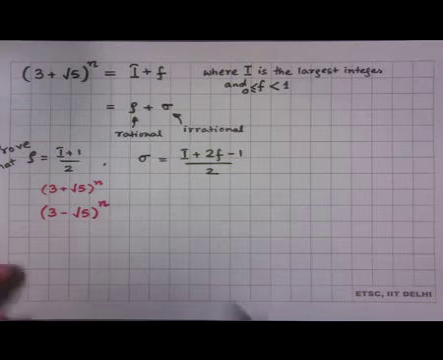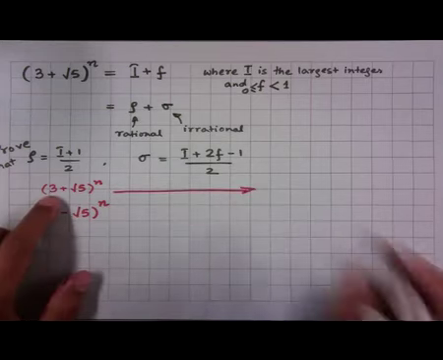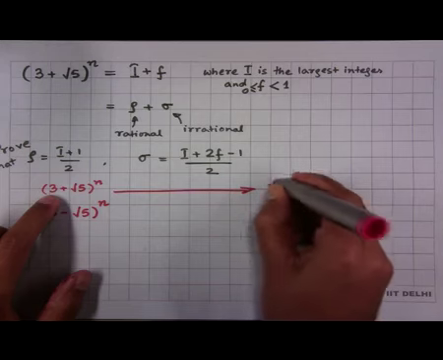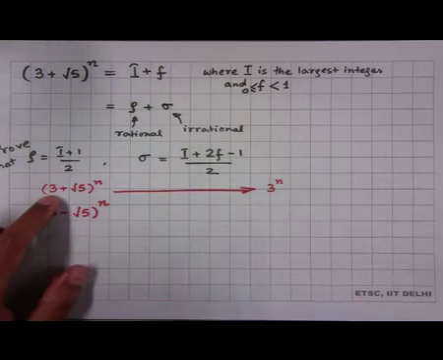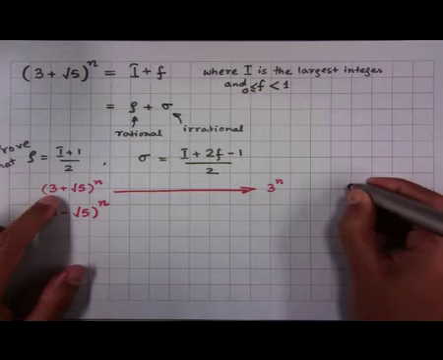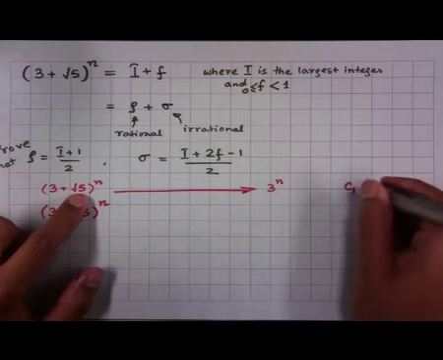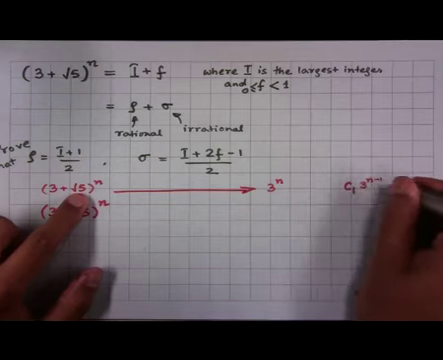Okay. So, 3 plus root 5 whole power n is going to have 3 power n plus C1 times root 5 3 power n minus 1 times root 5.